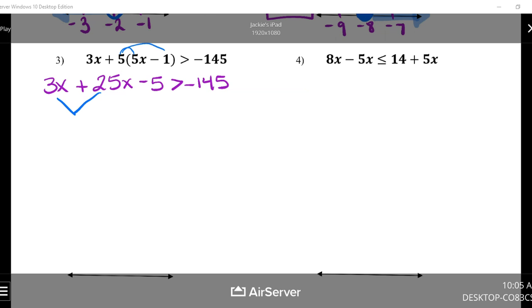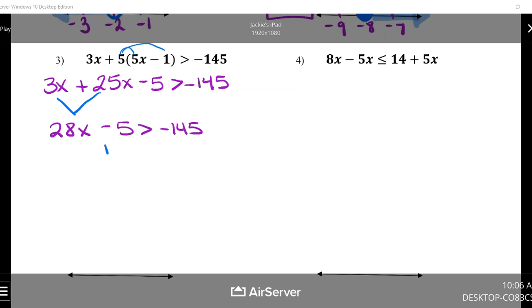Our next step would be to combine like terms. 3 plus 25 is 28. They both have an x, so it's 28x. Right now to the x term, we're subtracting 5.